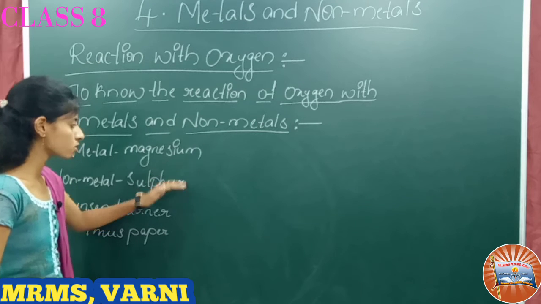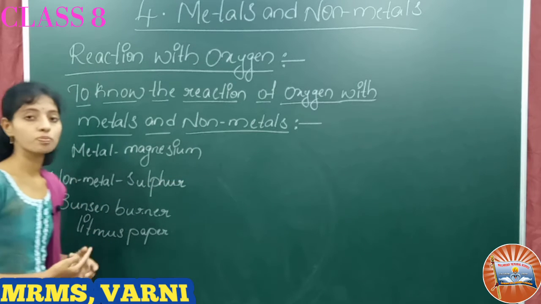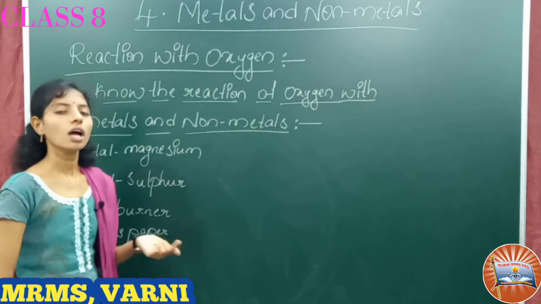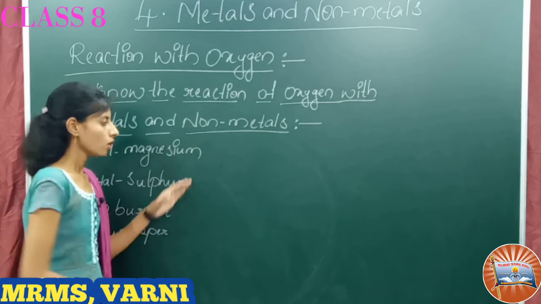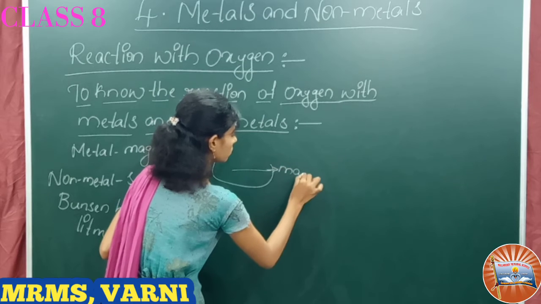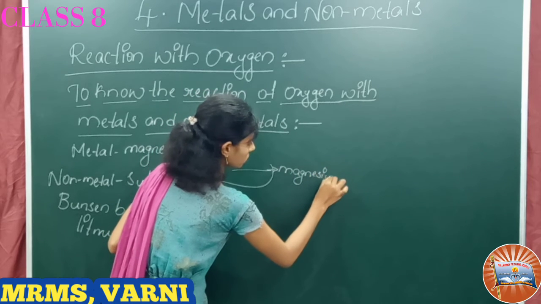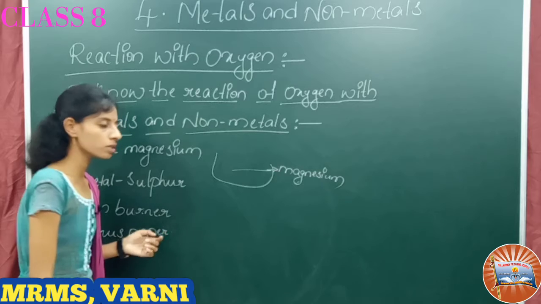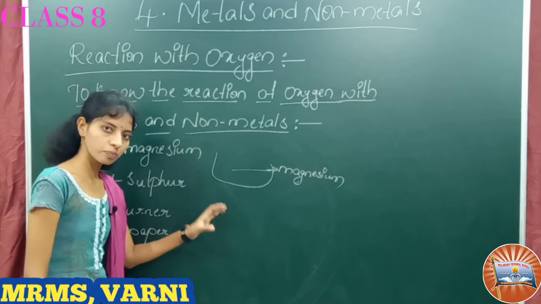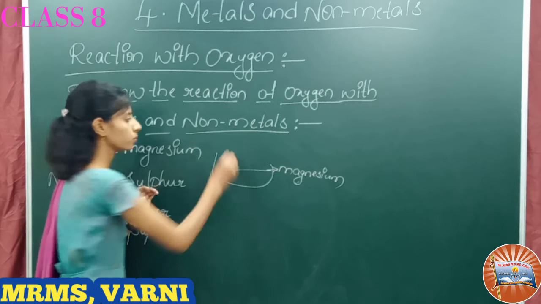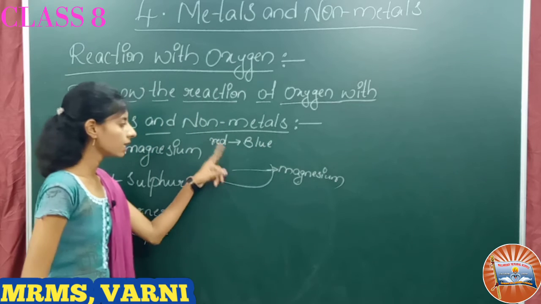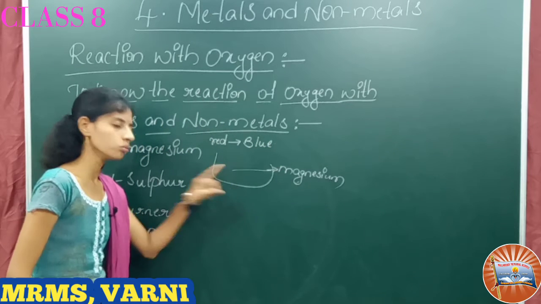Now we have to test these two solutions using litmus paper. Here we need to take two colored litmus papers: one red and one blue. When you keep the litmus paper in the magnesium ash solution, the red litmus paper changes into blue.